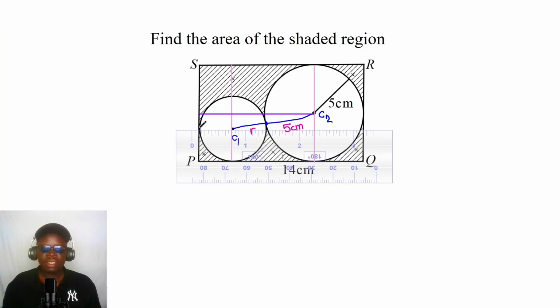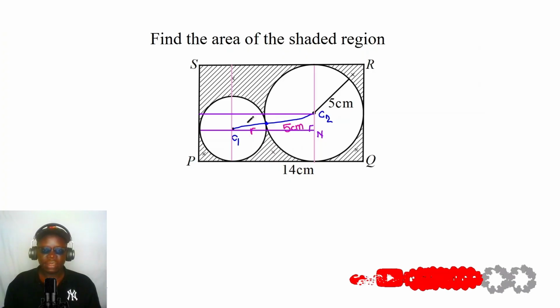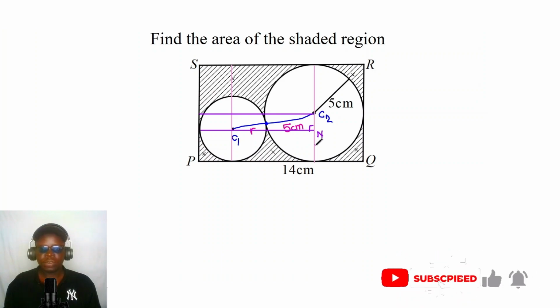Our main interest is to have a right angle triangle. Our main task is to get the 3 sides of the triangle, and the triangle is C1, C2, and maybe you can say here N. We already know from here up to here is R plus 5, and that is the hypotenuse of this triangle.